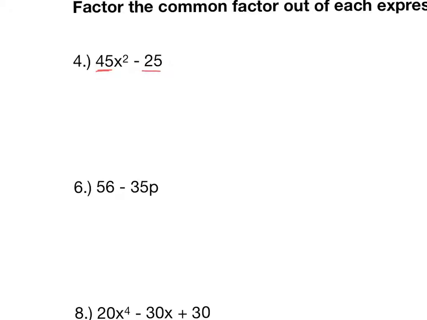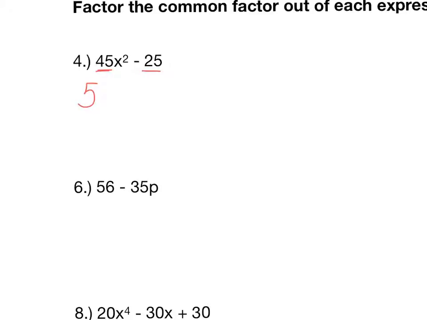All right? The only factor of 25 besides itself is 5. You can't divide 45 by 25, so the greatest common factor would in fact be 5, because you can divide 45 by 5. Remember, I showed you how to find the greatest common factor on your calculator as well. Now, can we factor out any variables?